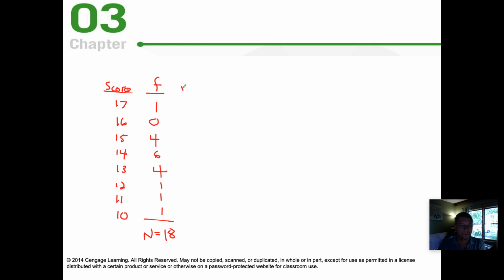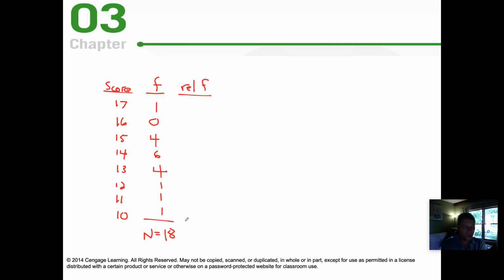scores. Now, the relative frequency is the next thing that I want to calculate here. Do you remember how to calculate the relative frequency? Well, it's simply the frequency divided by n.